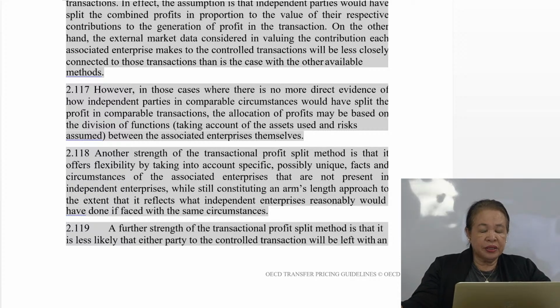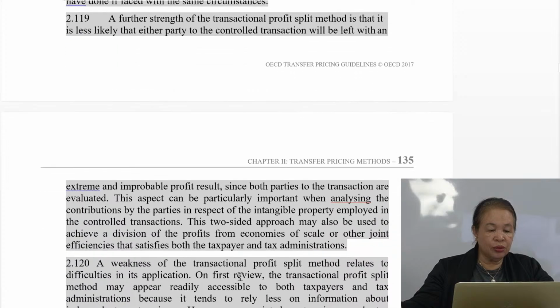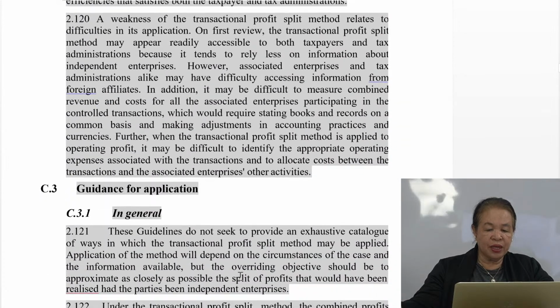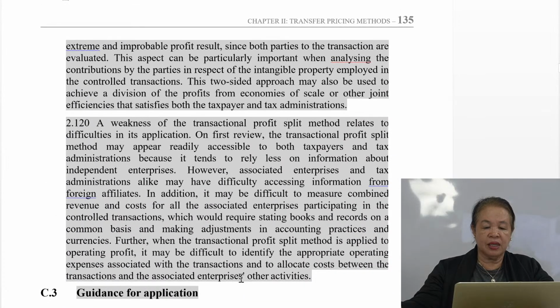A weakness of the transactional profit split method relates to the difficulties in its application. On first review, the transactional profit split method may appear readily accessible to both taxpayers and tax administrations because it tends to rely less on information about independent enterprises.